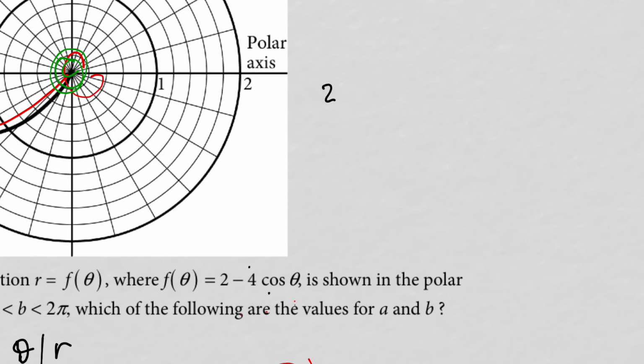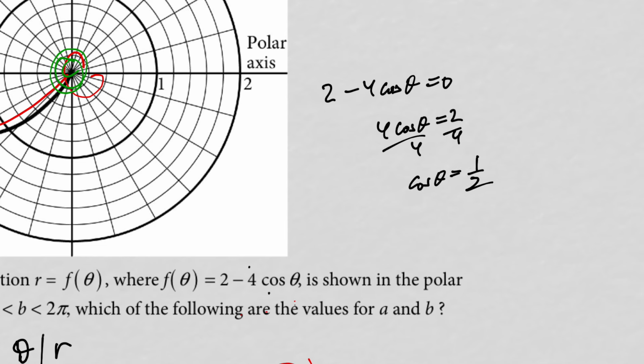So I would do 2 minus 4 cosine theta equals 0, which becomes 4 cosine theta equals 2, or cosine theta equals 1/2. Now, cosine theta equals 1/2 at 60 degrees, which is pi over 3. That one tricked me a little bit.